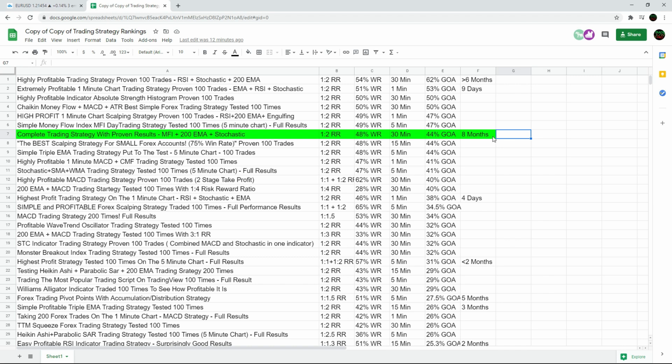It's just never going to happen. It's not possible. It doesn't exist. So hopefully some of you have realized and gotten the expectations back to reality. I think that you should be aiming for a 50% to 60% win rate if you have a 1-to-2 risk reward ratio.